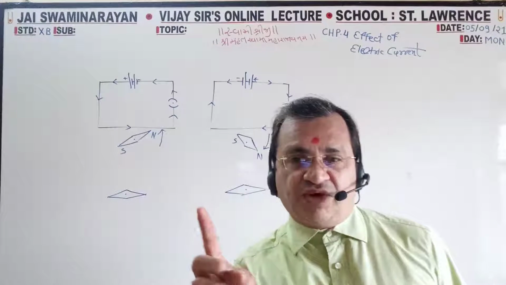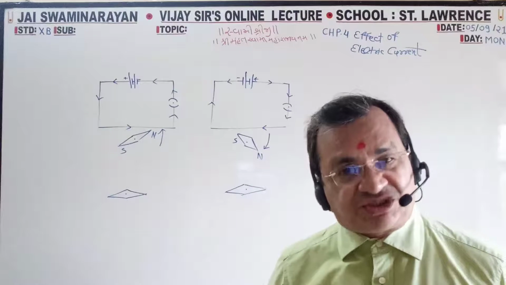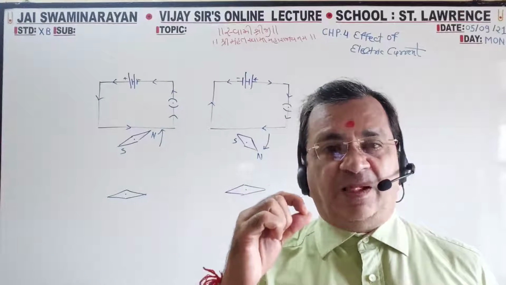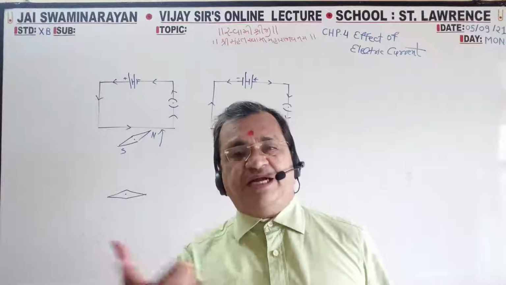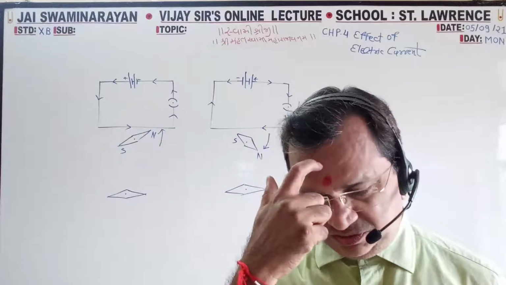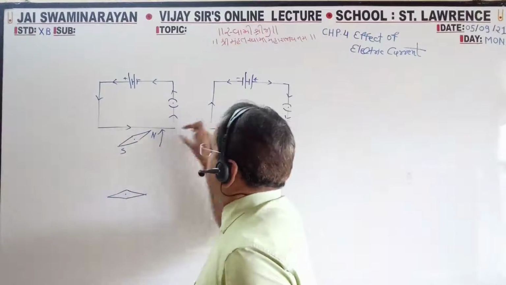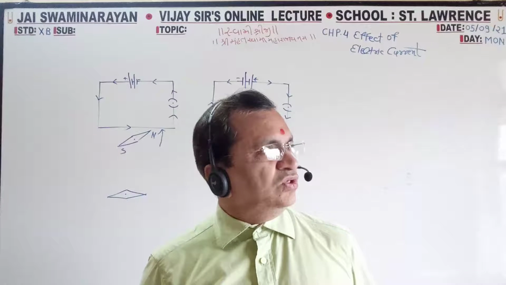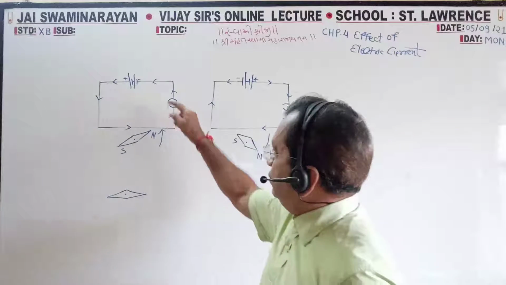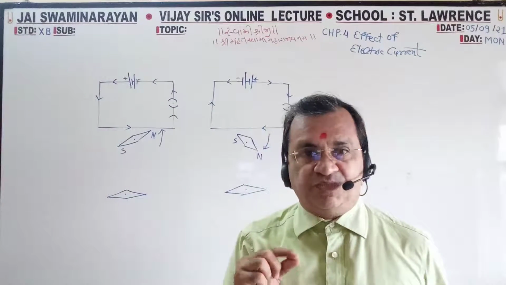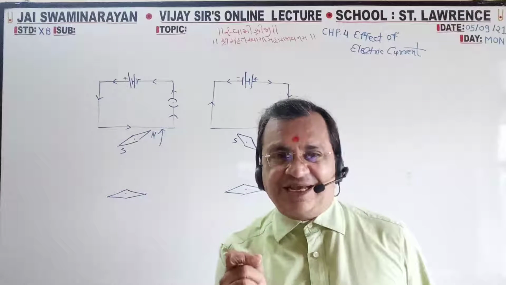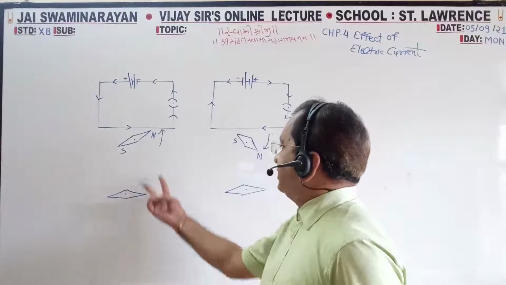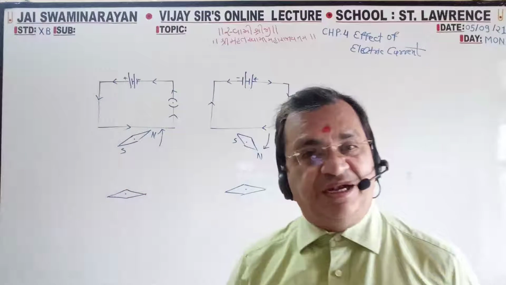why? First of all, why does the magnet show the deflection? The first reason is there is another magnetic field. Where is that magnetic field produced? In this conducting wire. So when electric current flows in the conductor, means in the conducting wire, magnetic power will be produced. That is observed and proved by the magnetic needle.